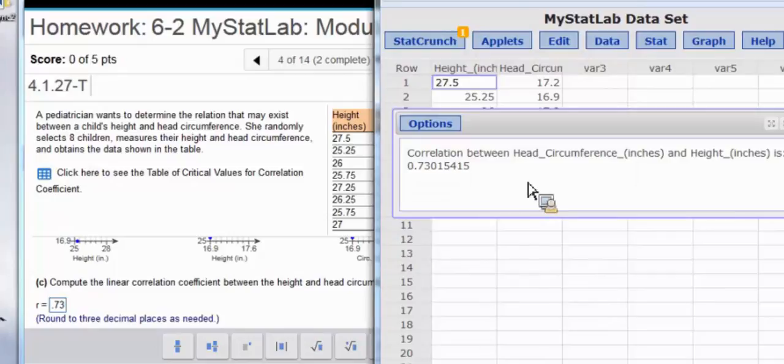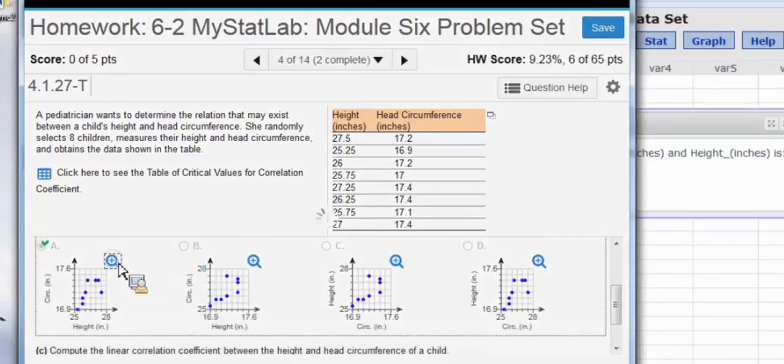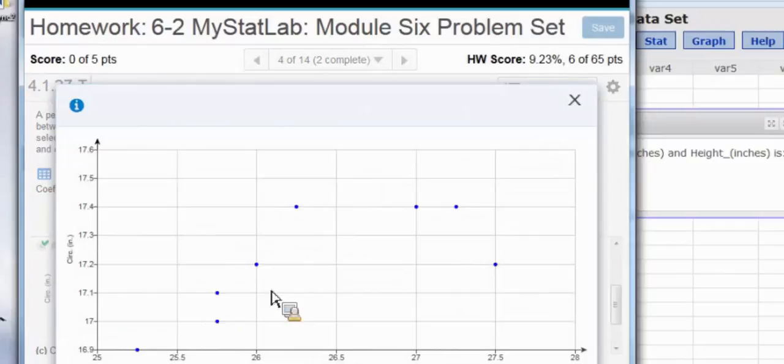So is this positive correlation or negative correlation? Well, the correlation is positive, which suggests positive. And when we look at the scatter plot, yes, there's a bend, but there is a general trend going up.